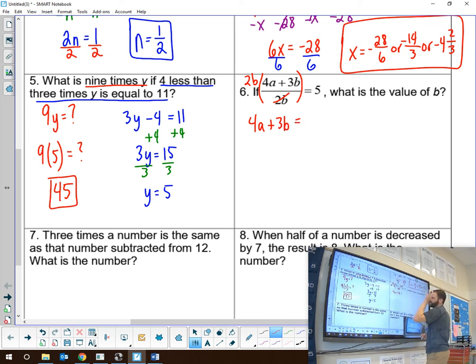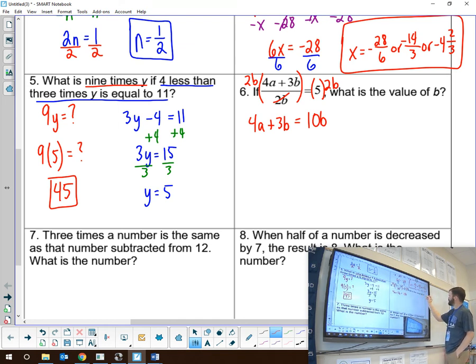But since I multiplied 2b to this side, I also need to multiply by 2b to the right side. So 5 times 2b is 10b. Okay? So we have 4a plus 3b equals 10b.